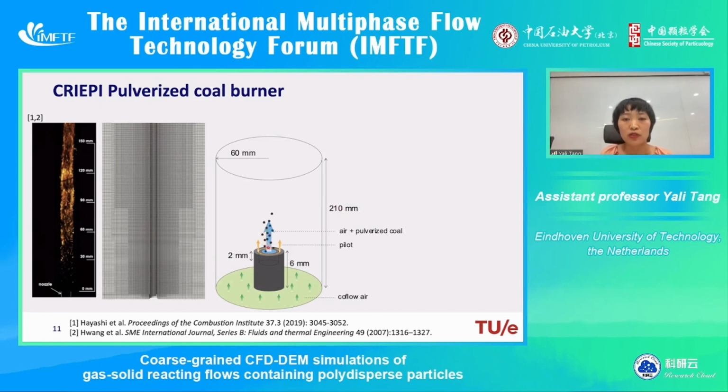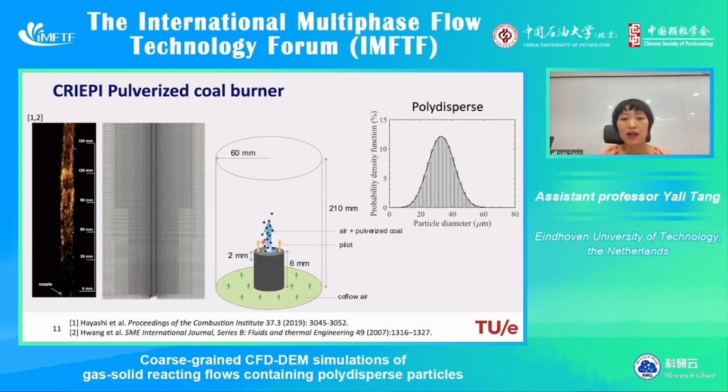The pulverized coal particles are carried by the air and injected from the center of the nozzle. And in the outer ring there is methane air. Methane is injected to stabilize the flame. And surrounding this outer ring, there's also a cold flow of air.